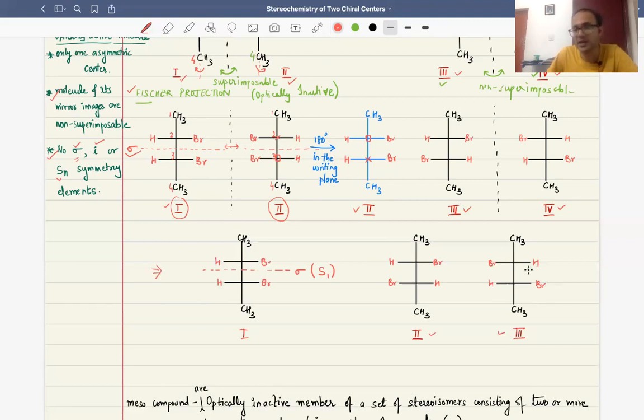These symmetry elements are not present in these stereoisomers, and therefore 2 and 3 are optically active. So the stereoisomers 2 and 3 are actually optically active.